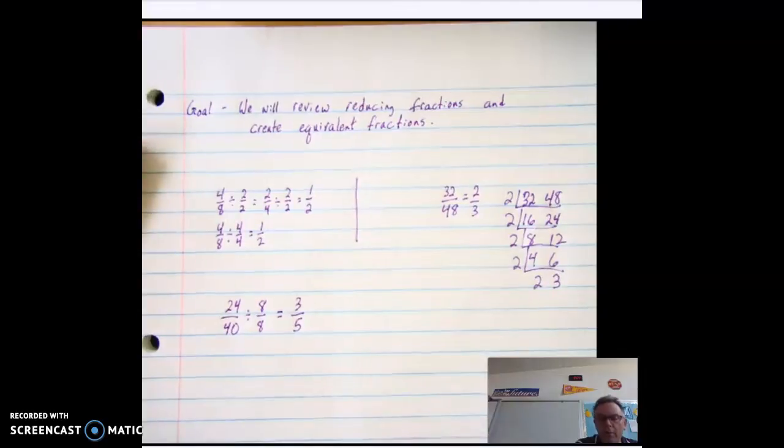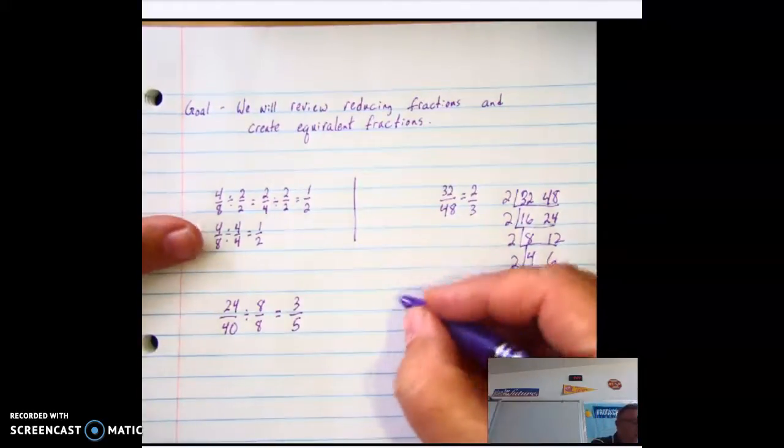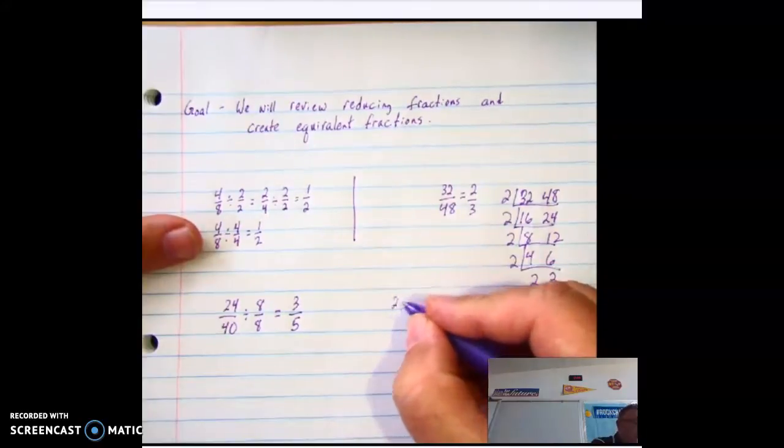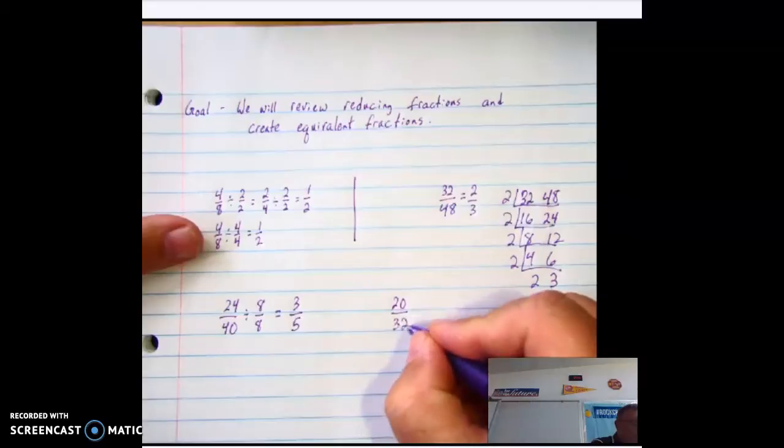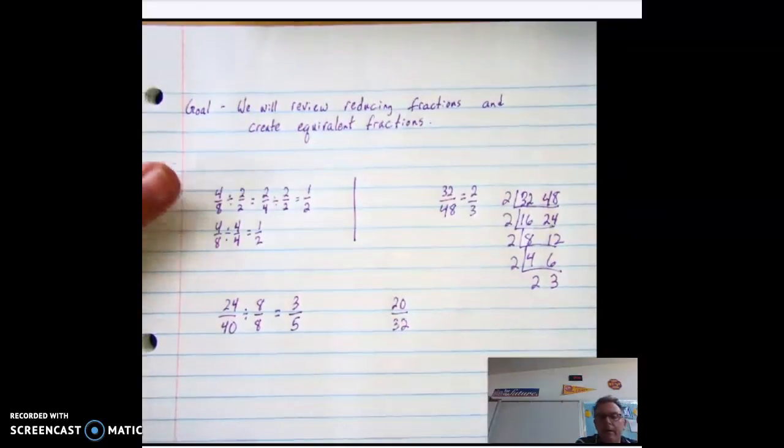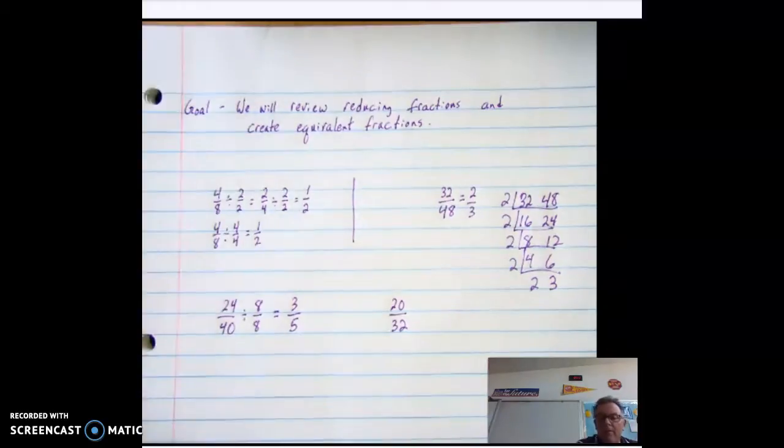Let's do one more with simplifying fractions. If I did 20/32, I'm going to give you a head start. See if you can reduce it using either common factors or the decomposing box.